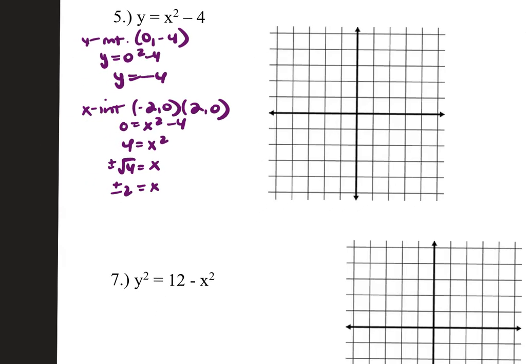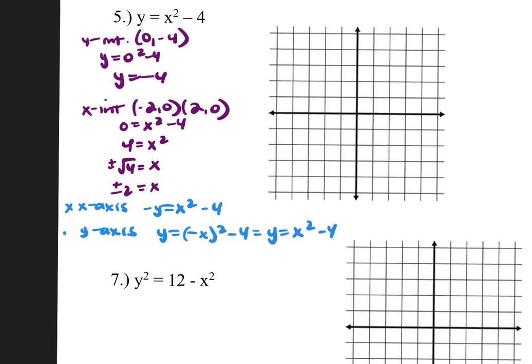Your test for symmetry, x-axis, I would make the y negative, it doesn't change at all, doesn't go back to the original, so that fails. Y-axis, I'm going to plug in the negative x. The squaring makes that go back to positive x squared, so it matches the original. And the origin, negative y stays, but the negative on the x goes away.